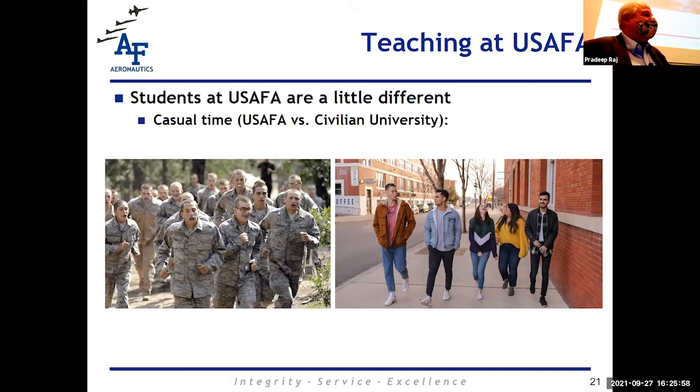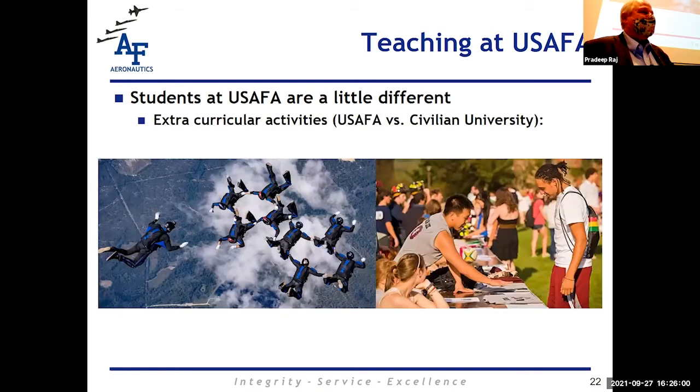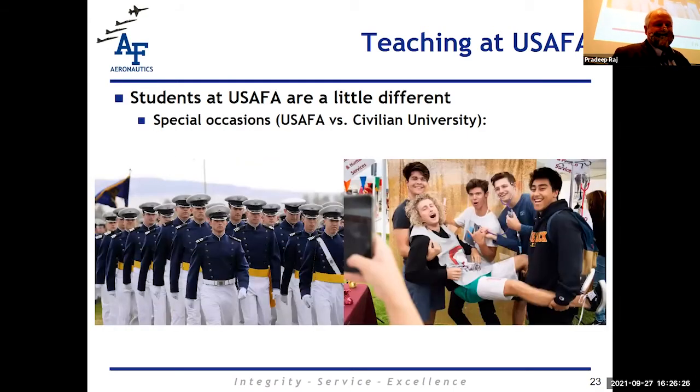Extracurricular activities at the academy are usually really intense, like being on the skydiving team or the gliding team or the cross-country teams and things like that. Like I said, lots of athletics at the academy. I think it was about a quarter of all the cadets are in NCAA athletics teams. So they're busy too. And then special occasions can be a little bit different.